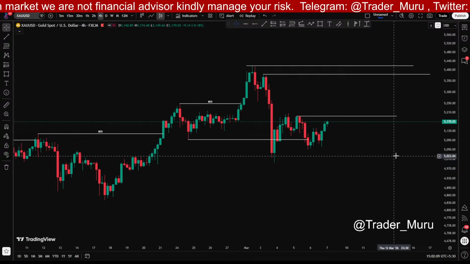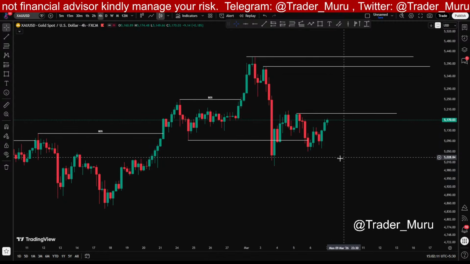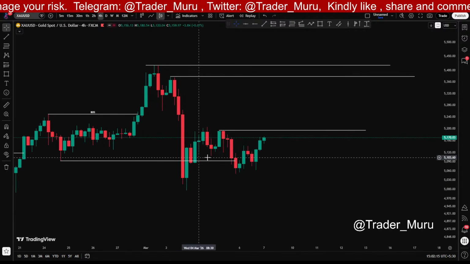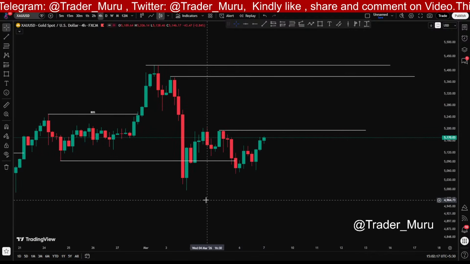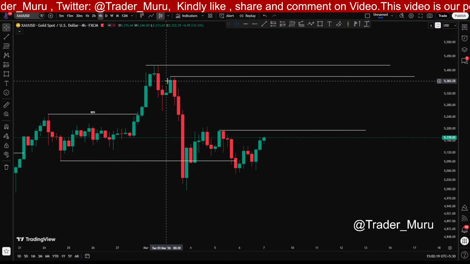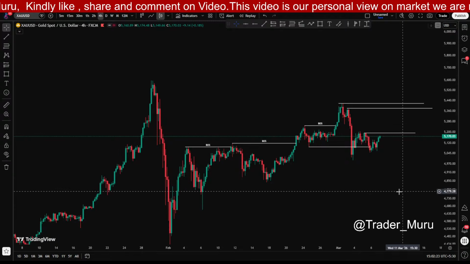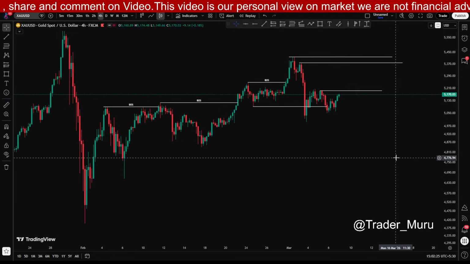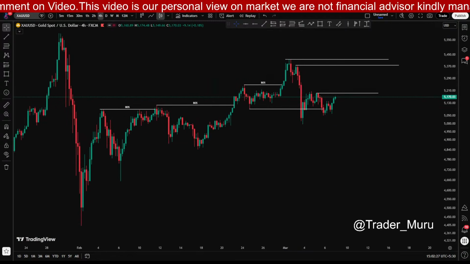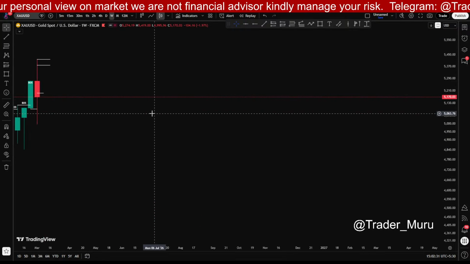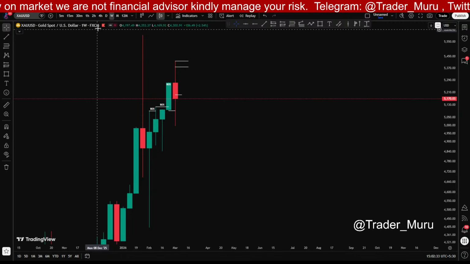So now the 4-hour is bearish, and we can expect price to drop if we get rejection from its 4-hour structural levels. According to structure, the 4-hour is bearish, the 1 day is still bullish, and the weekly is still in range.